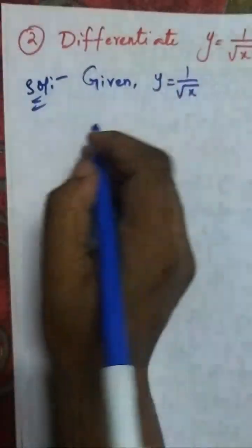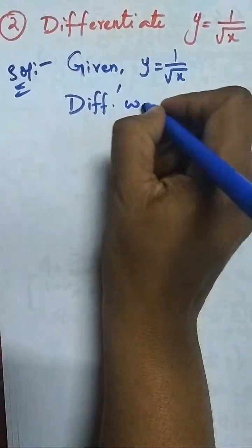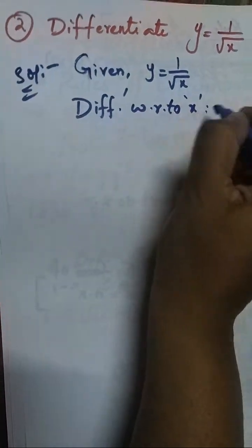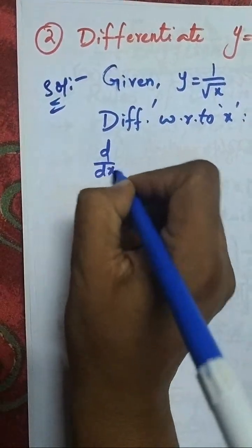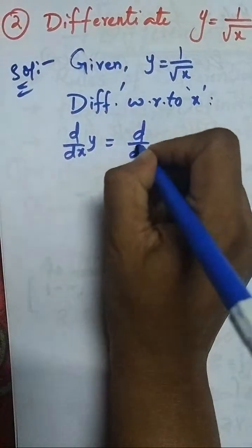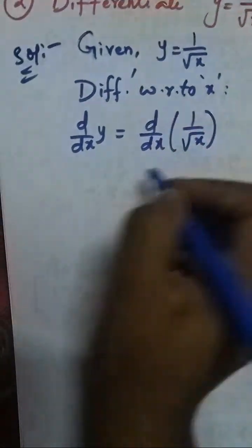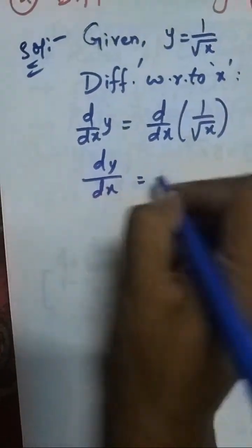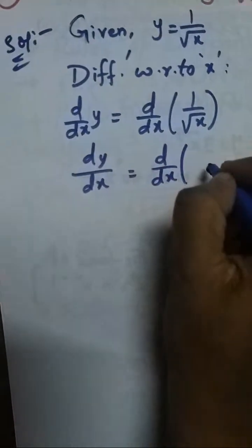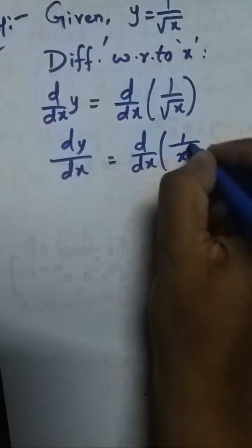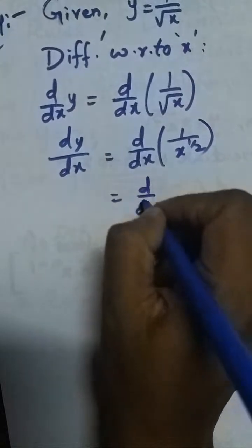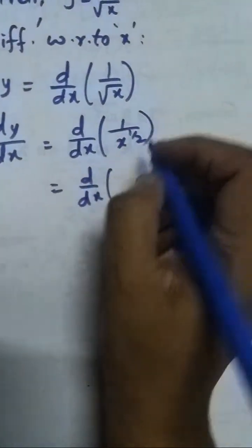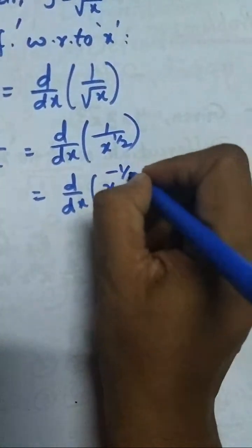Differentiating with respect to x, d by dx of y is equal to d by dx of 1 by root x. dy by dx, and d by dx of 1 by root x I am writing as d by dx of x power 1 by 2 in the denominator. Taking it to the numerator, it becomes x power minus 1 by 2.